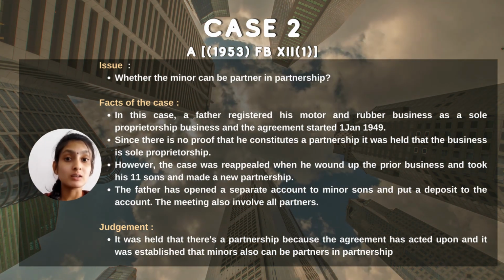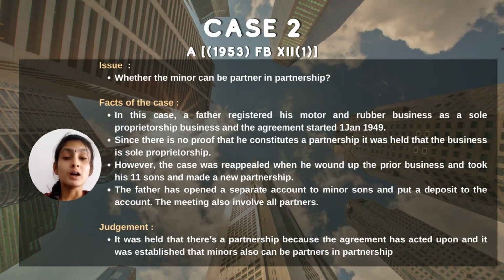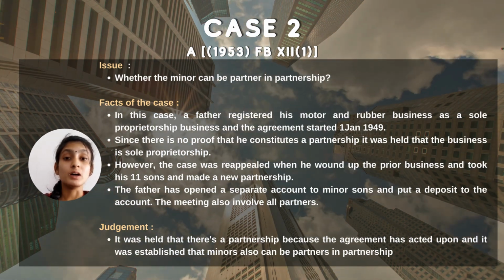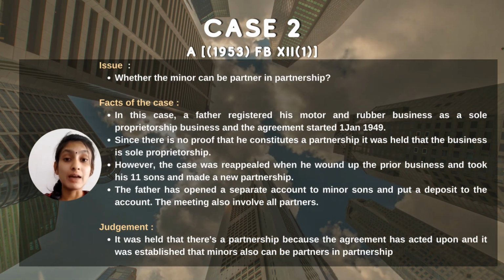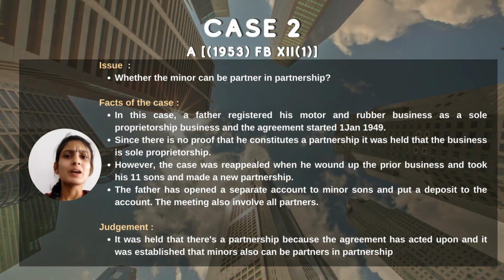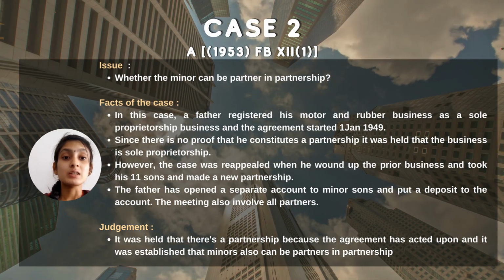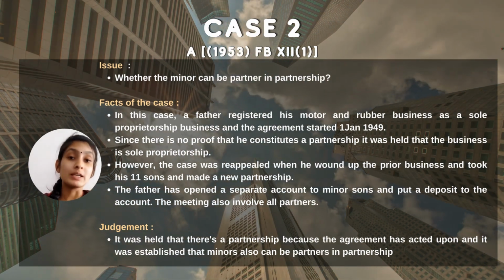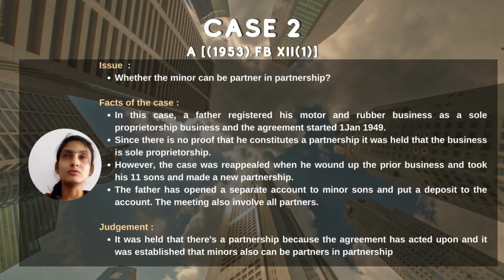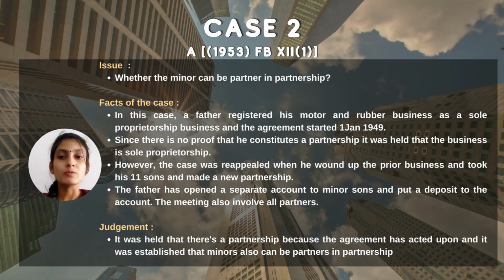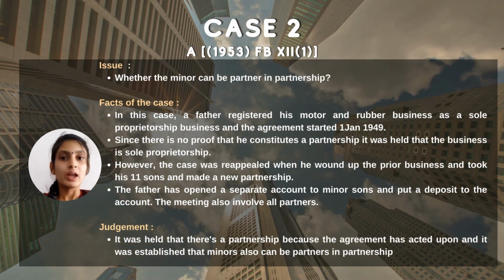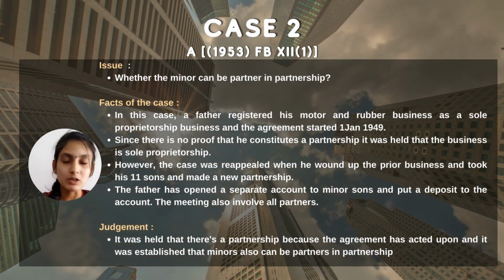But after that judgment, this father wound up the prior business and entered into a partnership with his 11 sons. And what he did was, he opened an account for all his minor sons. Okay, not from the 11, there are some minor sons. So he opened an account and put some deposit in their account, and as usual they were involved in meetings also.